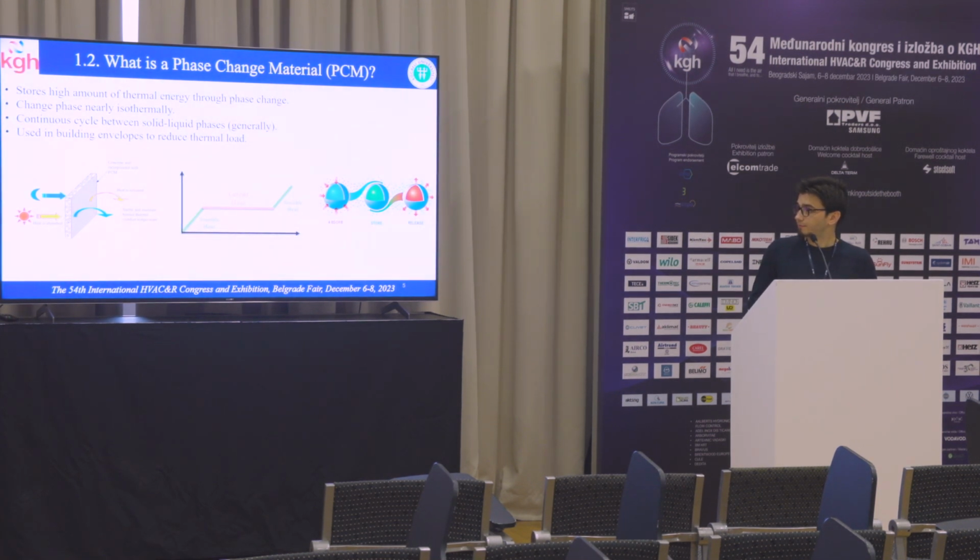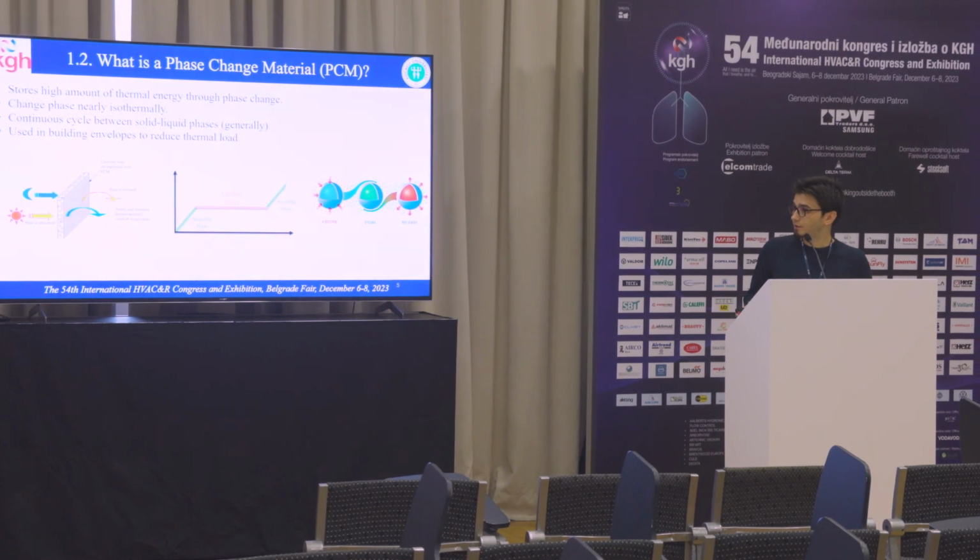Therefore, phase change materials are a type of very specific materials that nearly isothermally change their phase. That means it can diminish the high fluctuations of the indoor temperature, and therefore decrease the energy consumption of the buildings.